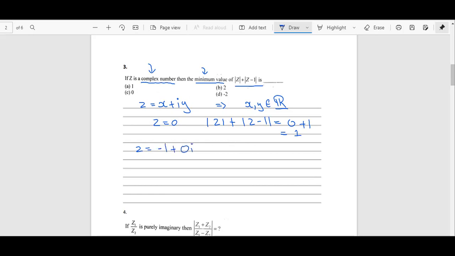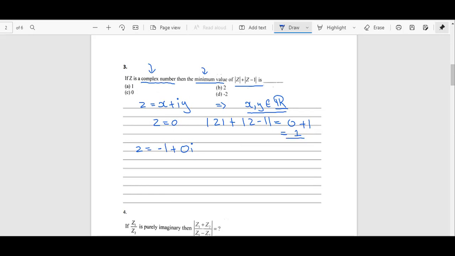Now, obviously, x and y belong to real numbers, so we can choose any number of our choice. Any real number can come as x and y. Since I have to find the minimum value, I can choose values according to myself. So I initially chose z equals 0 and I got 1.